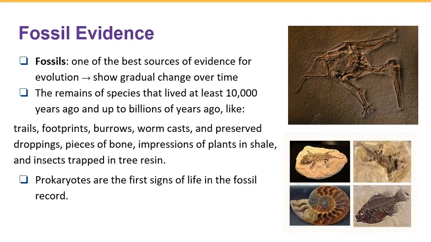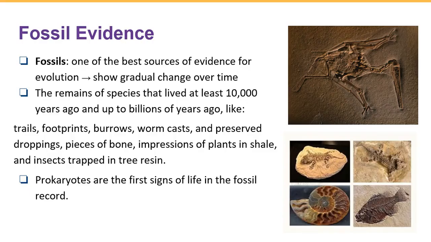Fossil evidence. Fossils are one of the best sources of evidence for evolution because they show how life has changed over time. A fossil is basically the remains of a species that lived a long time ago, anywhere from 10,000 years to billions of years.